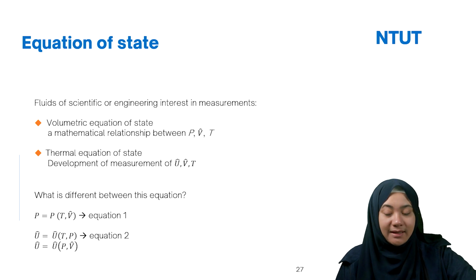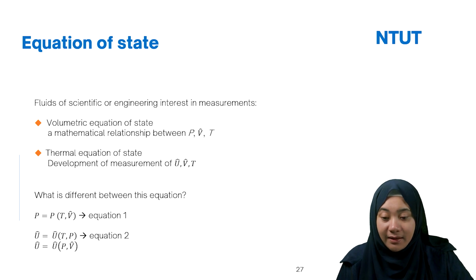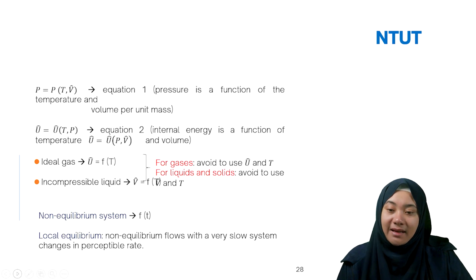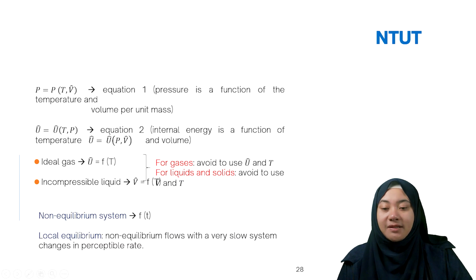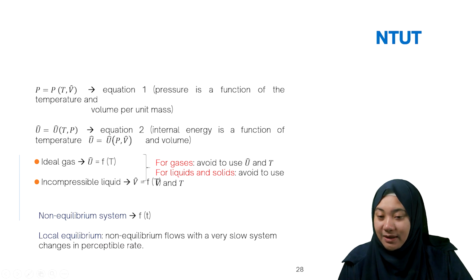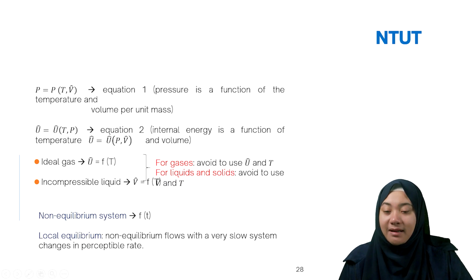So this is for this function. In thermodynamics, you will see many brackets like that. Then I give the definition here. Equation 1, the pressure is a function of the temperature and volume per unit mass, and equation 2, internal energy is a function of pressure and volume.